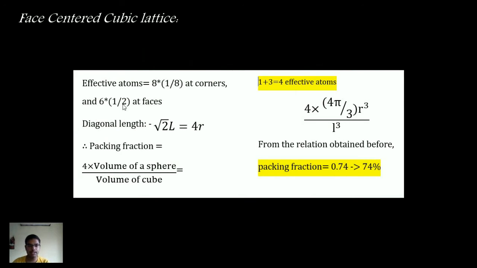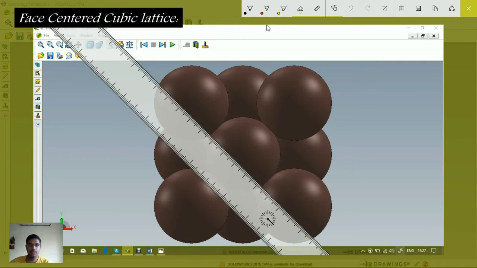Now using Pythagoras theorem, we get root 2 times L, where L is the length of the cube, equal to 4 times R, where R is the radius of the atom. The closest you can get is along each face diagonal, where 3 atoms are joined with no space.